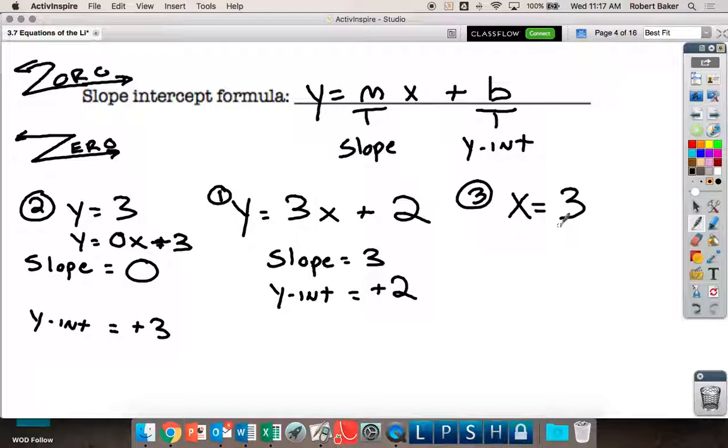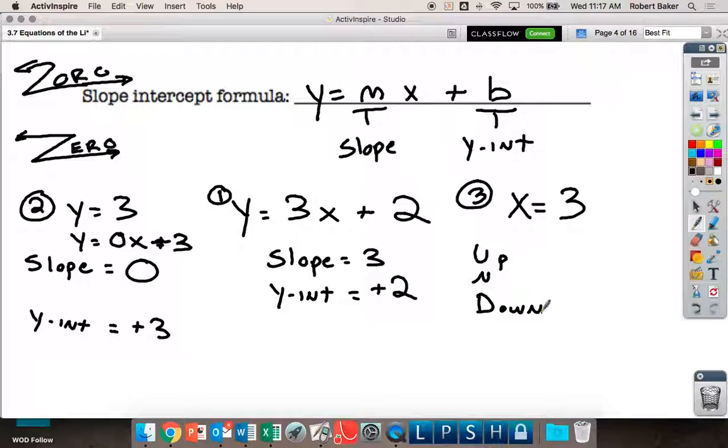X equals 3. What is the slope of that one? Undefined. X equals is always undefined. Does it have a y-intercept? No, not necessarily. So undefined goes up and down.